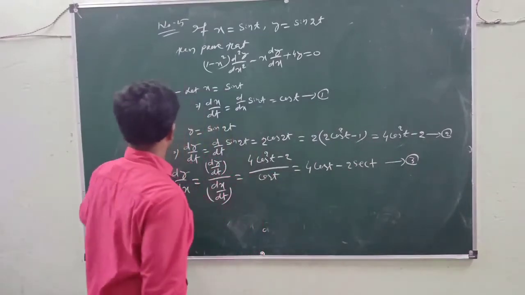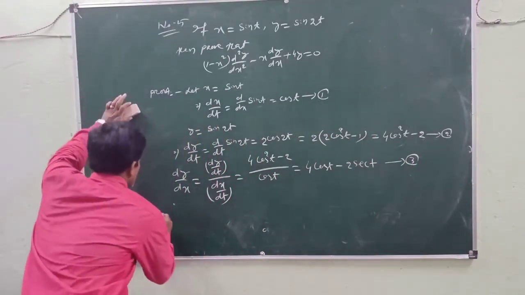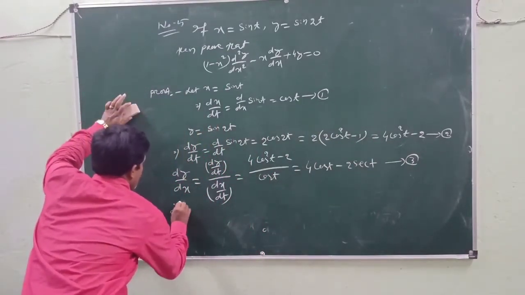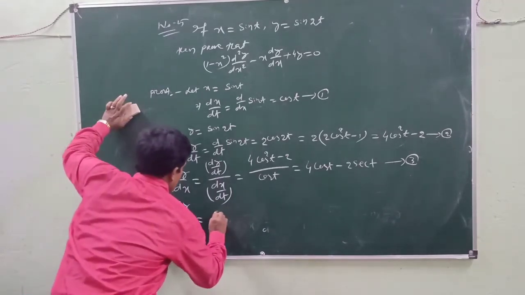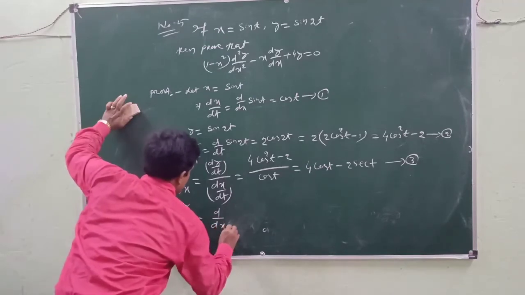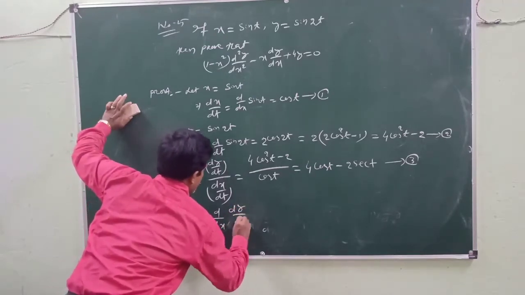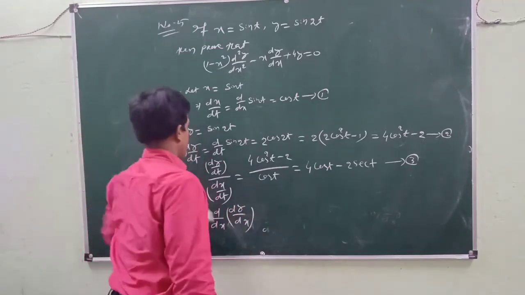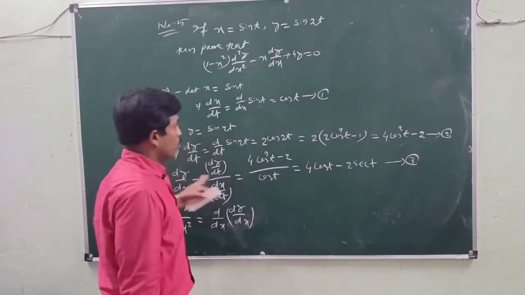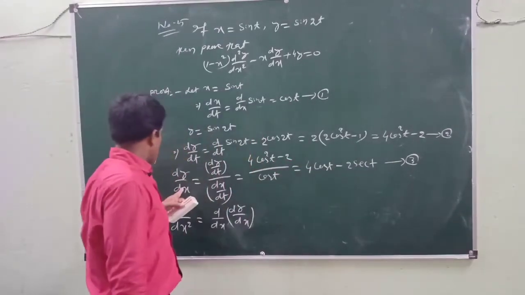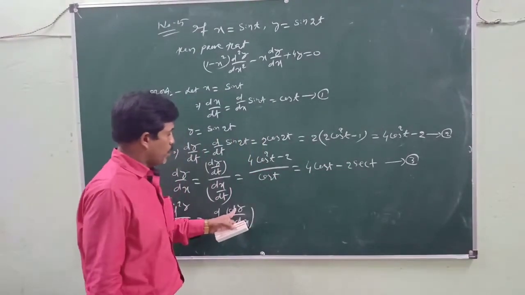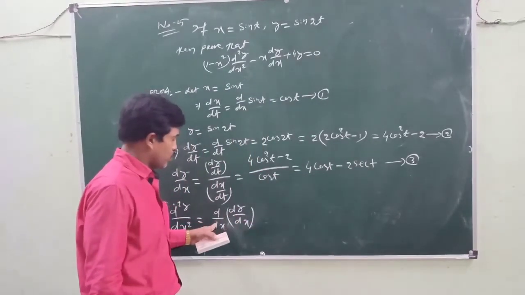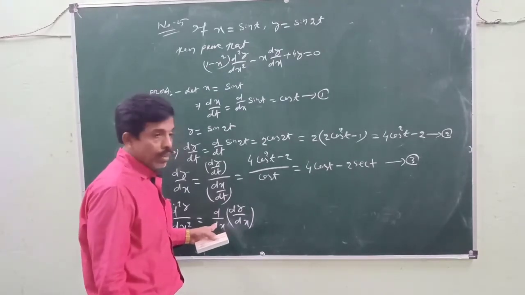Again, d square y by dx square equal to d by dx of dy by dx. Now from 3, our dy by dx depends upon t, so we cannot find the derivative of dy by dx with respect to x directly, so we apply the same rule.